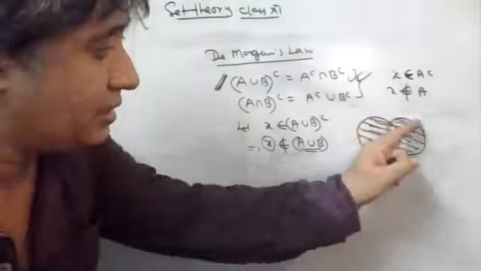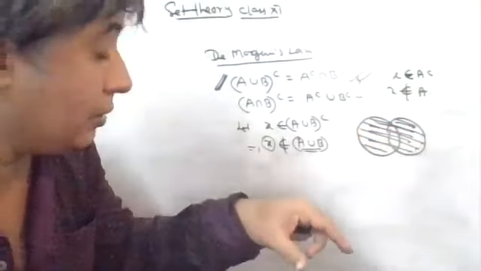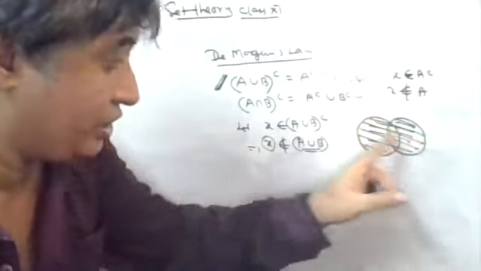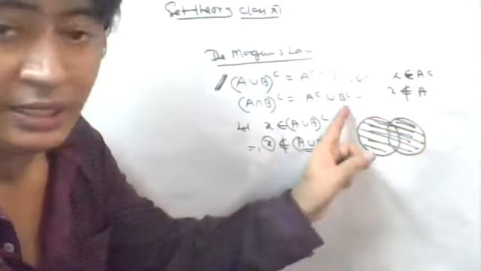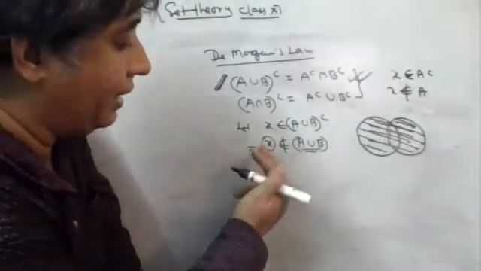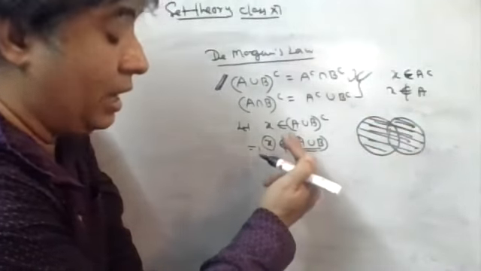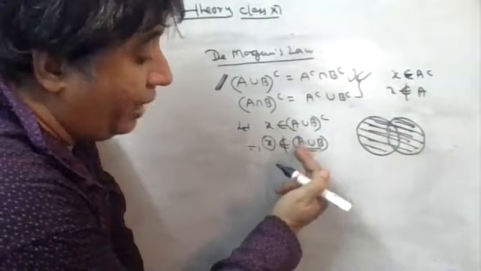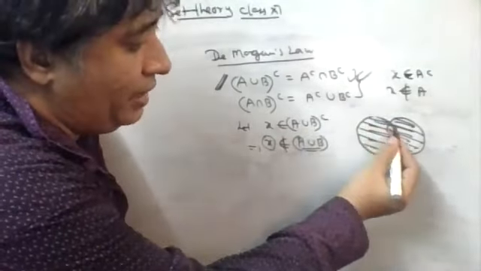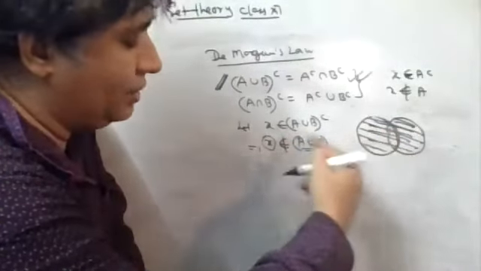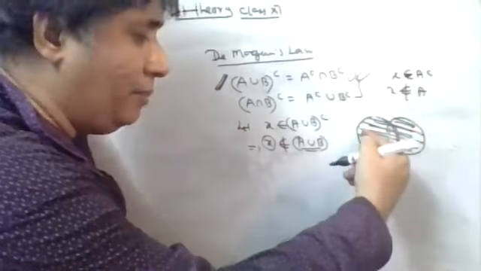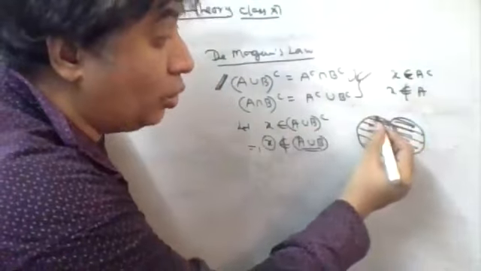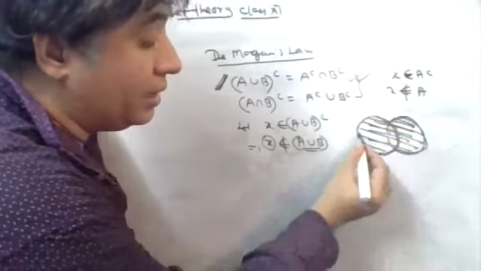But if I consider this Venn diagram, which is represented by this shaded region, and where X does not belong to the whole shaded region, then I can say X does not belong to A and X does not belong to B. Can't say it does not belong to A or B. Why? Because if it does not belong to A, then it can belong to B, or if it does not belong to B, it can belong to A, but it does not belong to the whole region.